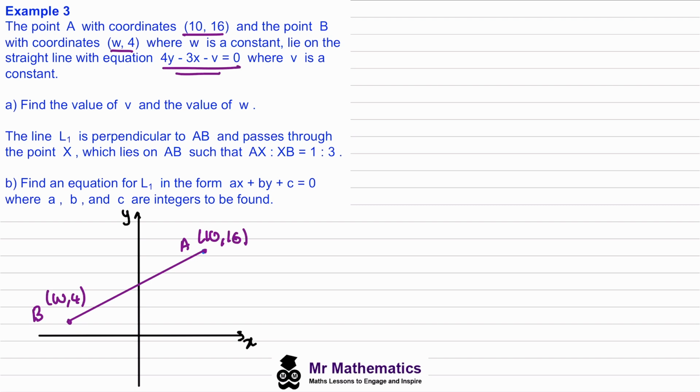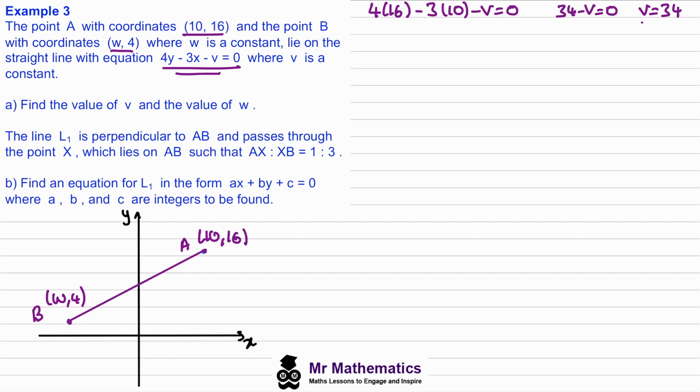So if we substitute the 10 and the 16 from point A into this equation, we can work out the value of v. So 4y minus 3 lots of x minus v will give us 0. We can work this out and we get 34 minus v is 0. So v must equal 34.